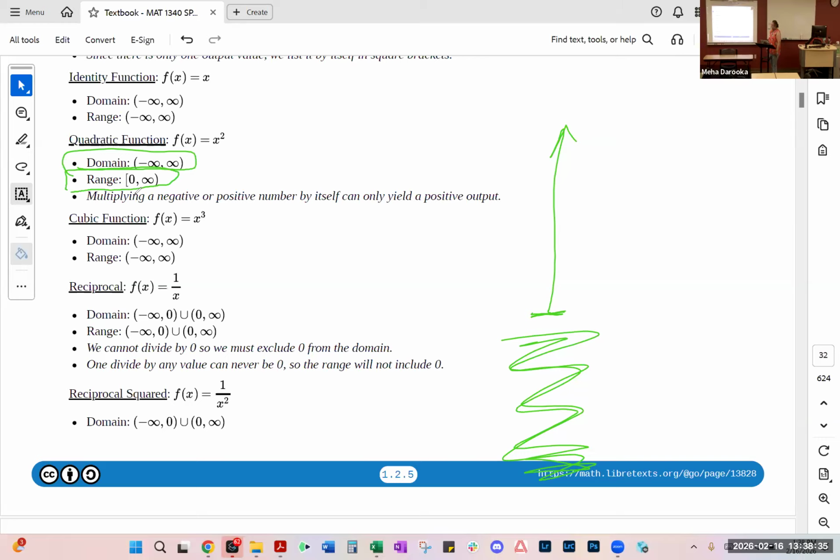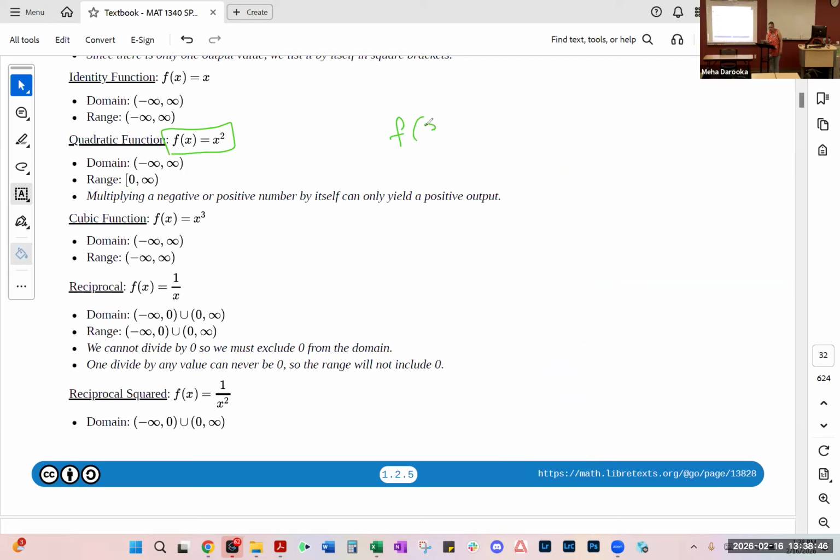And of course, notice the bracket on 0, because 0 will be included as part of your y value. So just imagine if we take this function f of x equals x squared, and I replace that x with 0. Of course you would be doing 0 squared, which is 0 times 0, and that comes out to be 0, right? So that's why you are including 0 in your range.